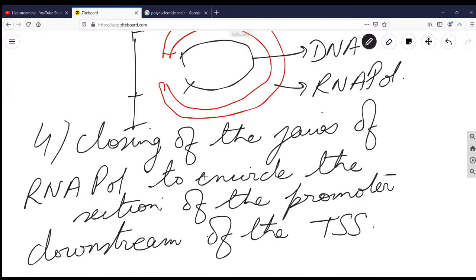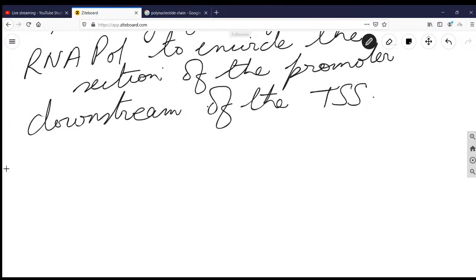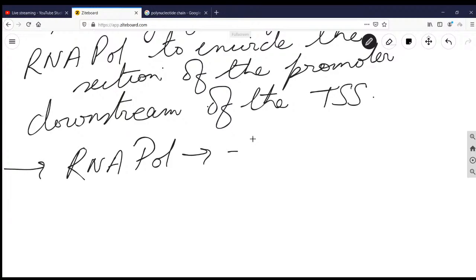So in the open complex, the RNA polymerase binds to 75 base pairs, not 55. 55 was in the closed one. Here it will bind to minus 55 to plus 20.